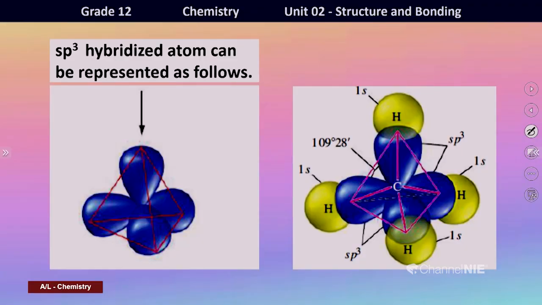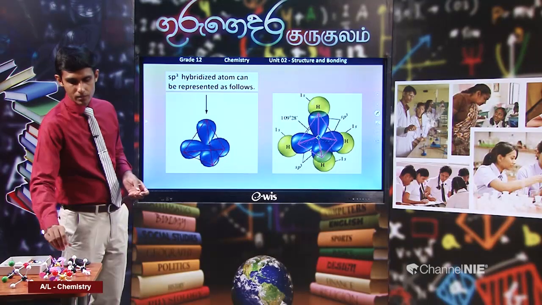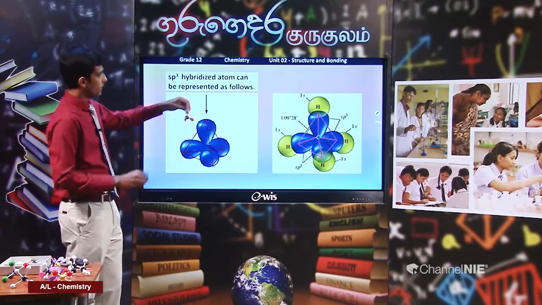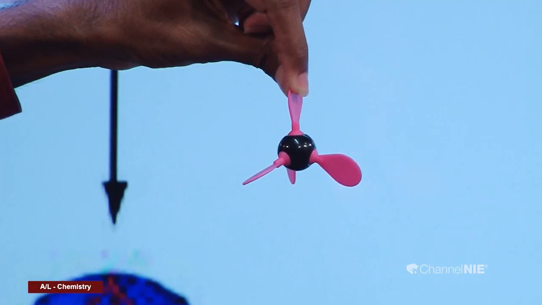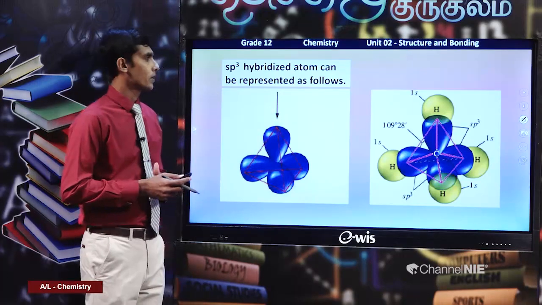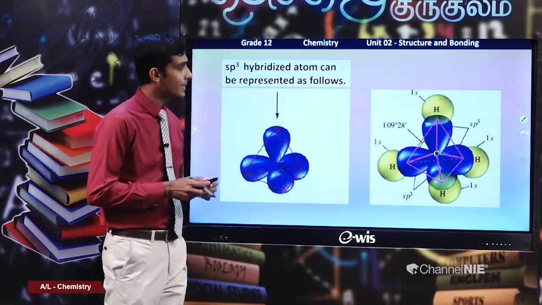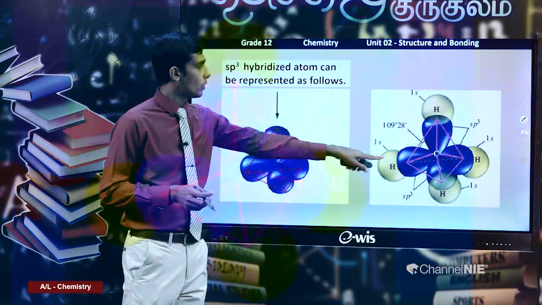So, if you consider the atomic orbitals in an sp3 hybridized carbon atom, I can show those orbitals like this, in a tetrahedral arrangement. When it comes to the formation of a molecule like CH4, you can see that the hydrogen atoms' 1s orbitals can overlap linearly to form a molecule like CH4.